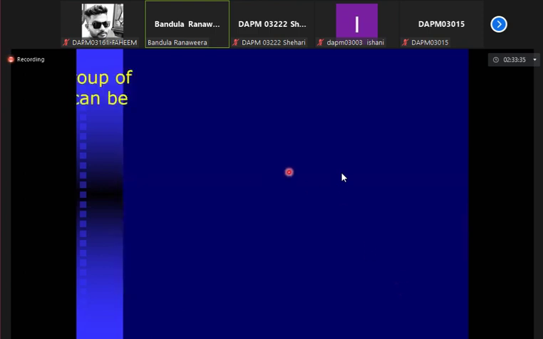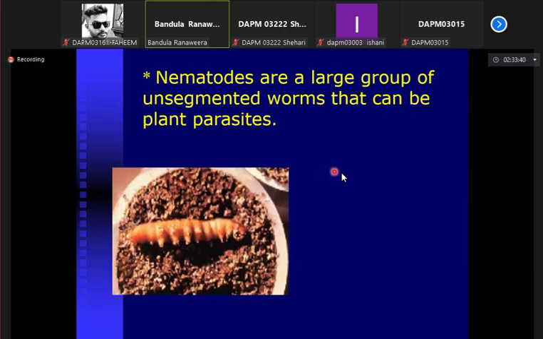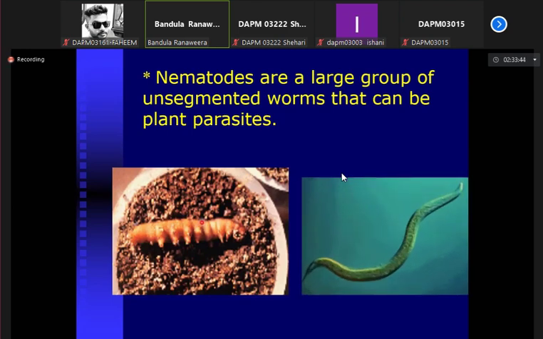Then there is another group, nematodes, worms. But now, just to compare, in the soil there are worms like this, but they are actually larval stages of insects. Then most of the others are smaller, microscopic worms.